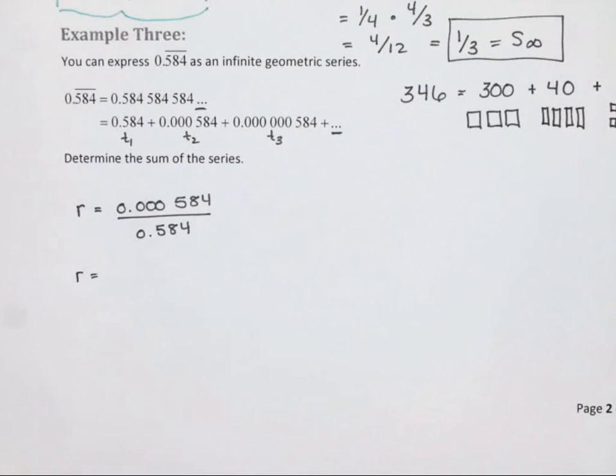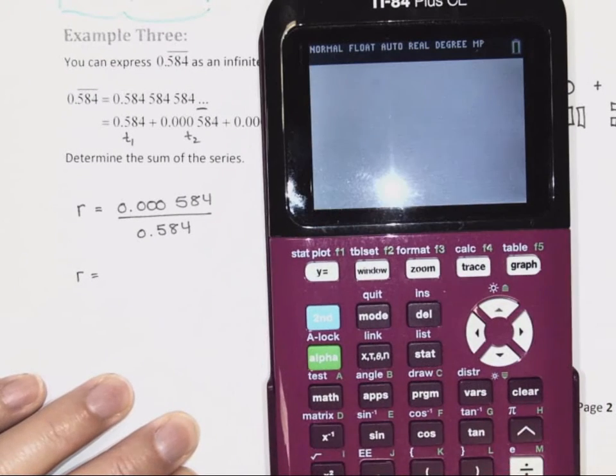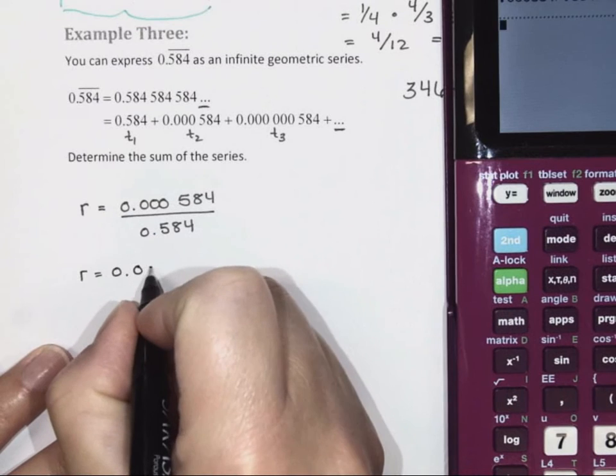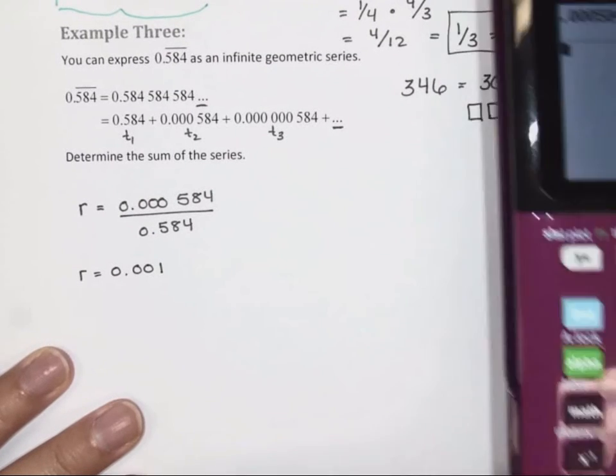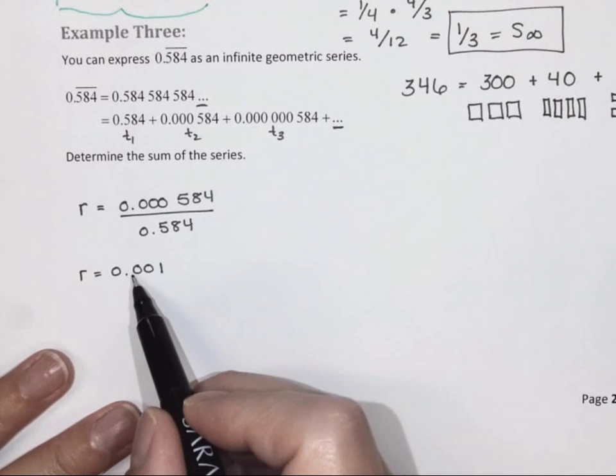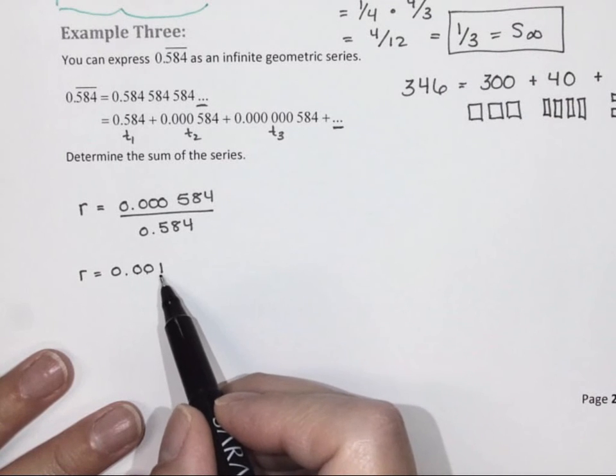Get my handy dandy calculator here. I prefer fractions. 0.00584 divided by 0.584. I bet I could have done that in my head. That's 0.001. Now we know that that is tens, hundreds, thousandths.